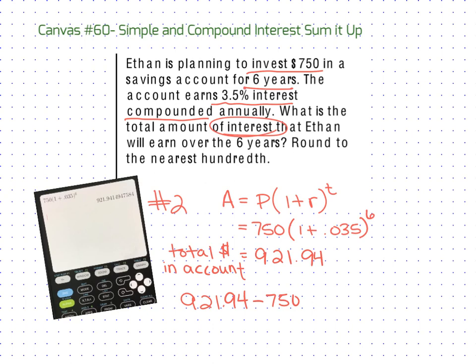I'm going to do this subtraction in my calculator, and the answer is the amount of interest that was added to this account, which is $171.94. This is the total amount of interest added to the account, and that is my final answer for this problem.